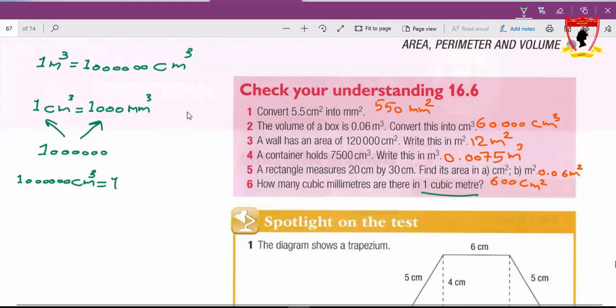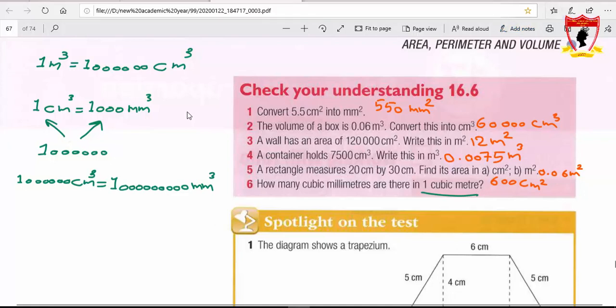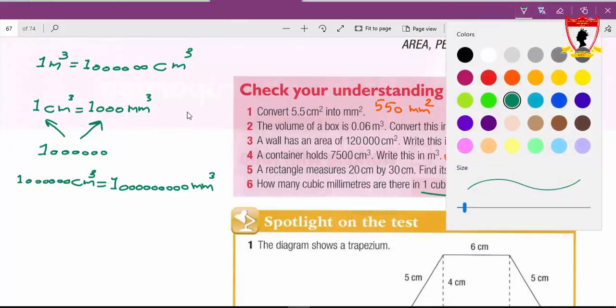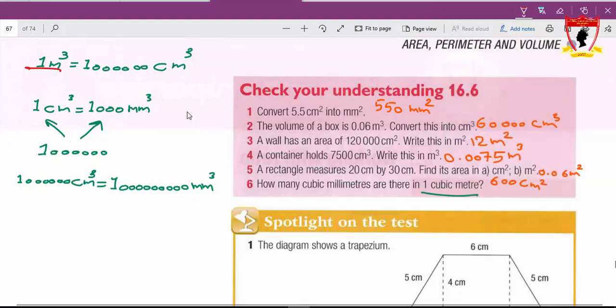So we have to write 9 zeros. Millimeter cube. So 1 meter cube is this much. It's 1 billion millimeter cube. We got the answer.